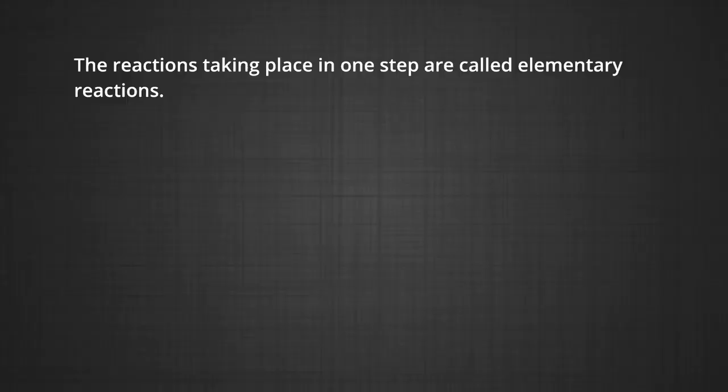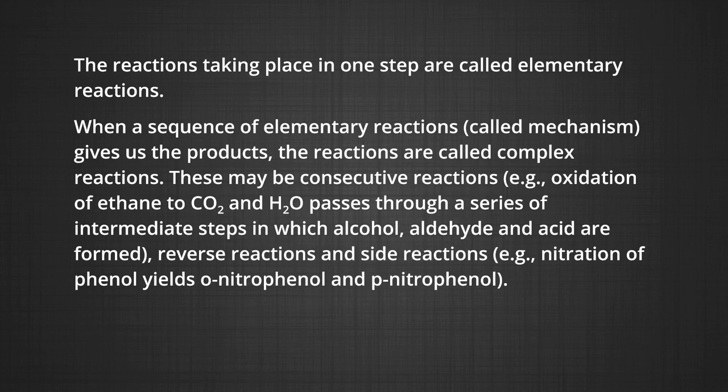A balanced chemical equation never gives us a true picture of how a reaction takes place, since rarely a reaction gets completed in one step. The reactions taking place in one step are called elementary reactions. When a sequence of elementary reactions, called a mechanism, gives us the products, the reactions are called complex reactions.